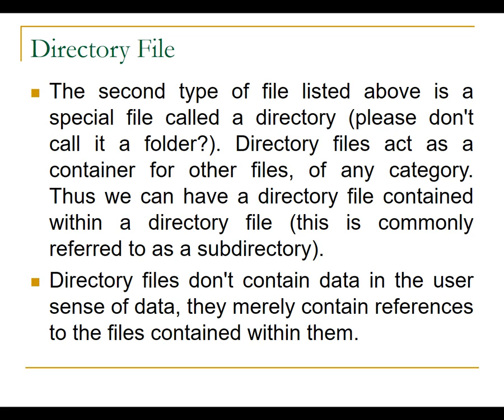A directory file acts as a container for other files of any category. Thus, we can have a directory file contained within a directory created by the user. This directory file has the information of all the subdirectories inside the main directory. That means a directory file works as a parent directory which consists of various child directories and files.